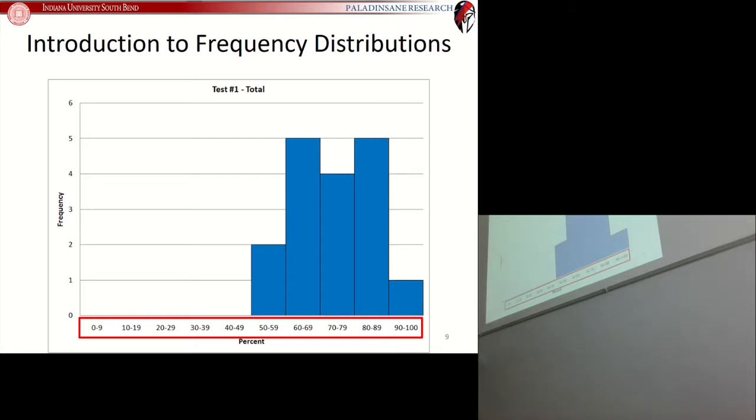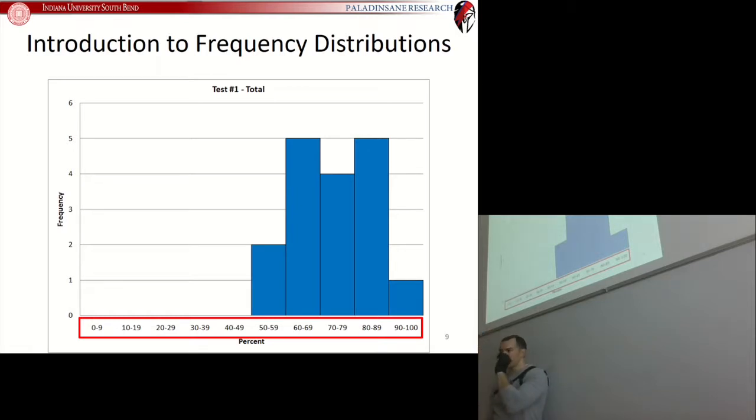So nobody scored 0 to 9. Nobody scored between 10 and 19. Nobody that we measured scored between 20 to 29, 30 to 39, or 40 to 49. But we got a bar on 50 to 59. And the height of that bar indicates how many individuals achieved a score in that category.